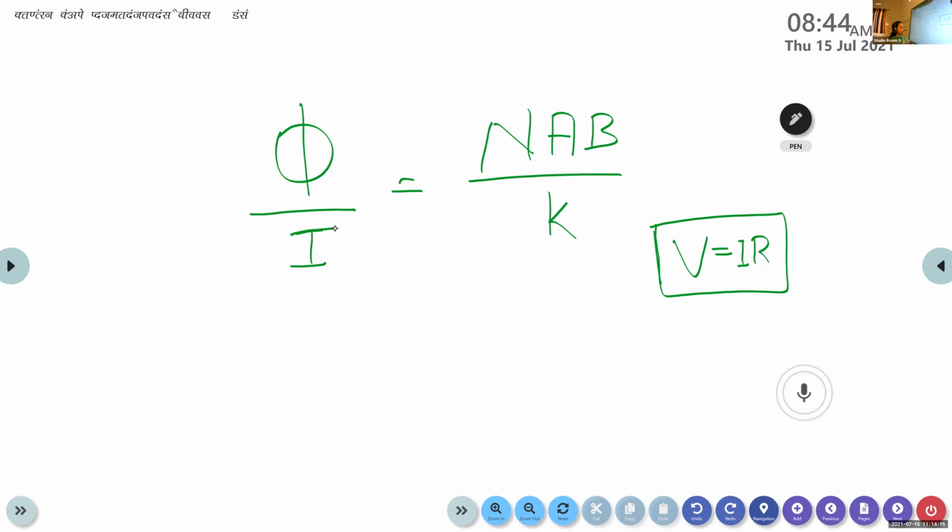For that, we are going to multiply resistance R in the denominator on both sides of the equation.